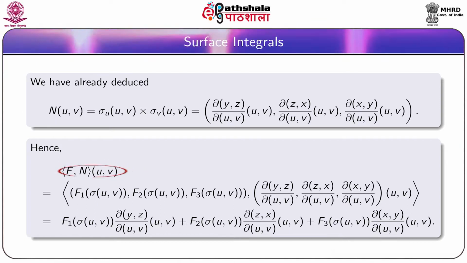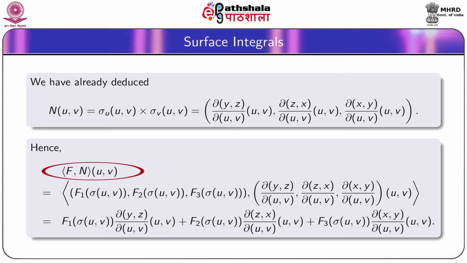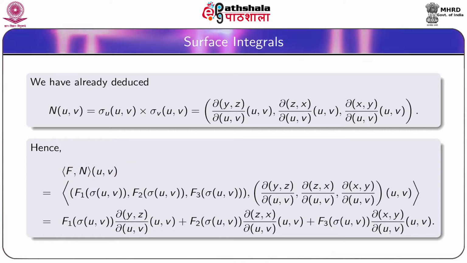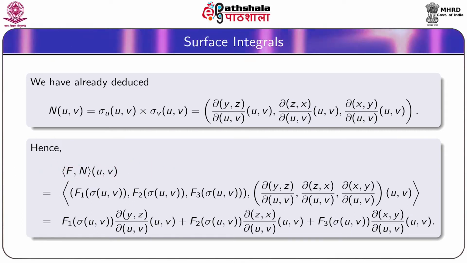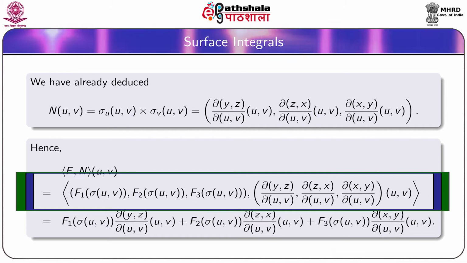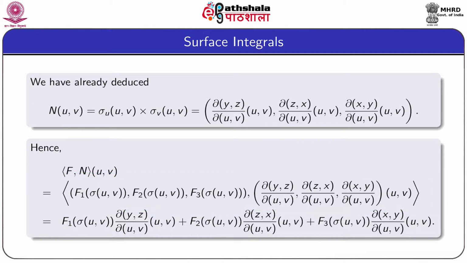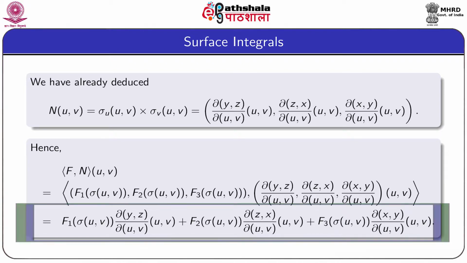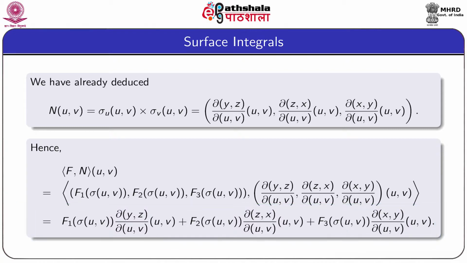Hence, the inner product of F and N at (u,v) equals the inner product of the vectors, first one F1(sigma(u,v)), F2(sigma(u,v)), F3(sigma(u,v)), with Jacobian del(y,z)/del(u,v), Jacobian del(z,x)/del(u,v), Jacobian del(x,y)/del(u,v) at (u,v). So, this equals F1(sigma(u,v)) multiplied with Jacobian del(y,z)/del(u,v) at (u,v), and this quantity added with two similar terms.